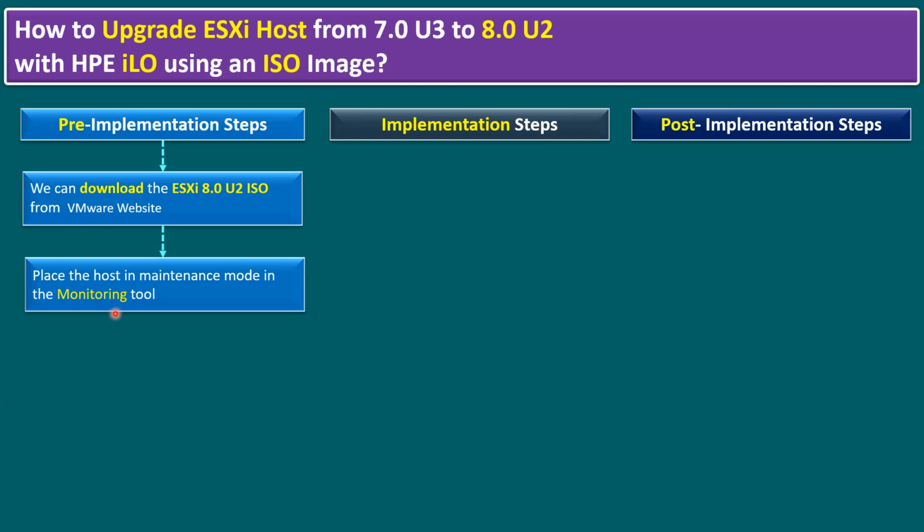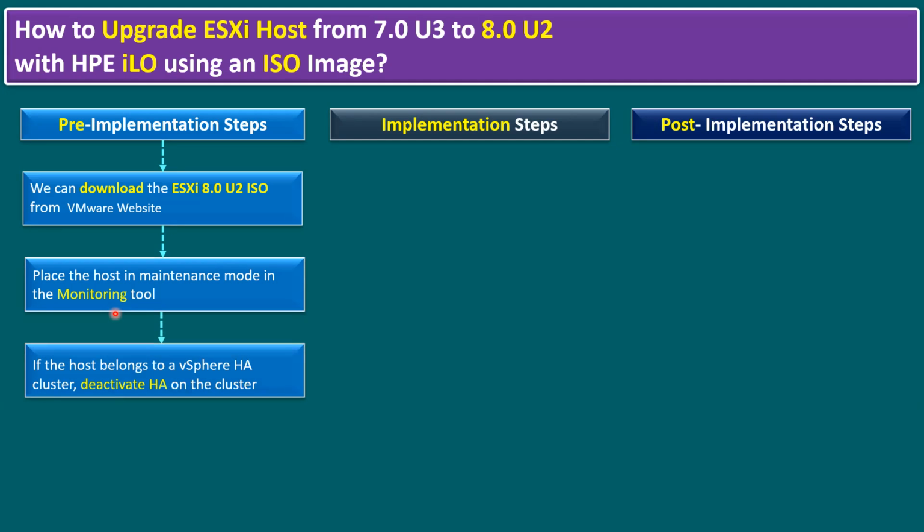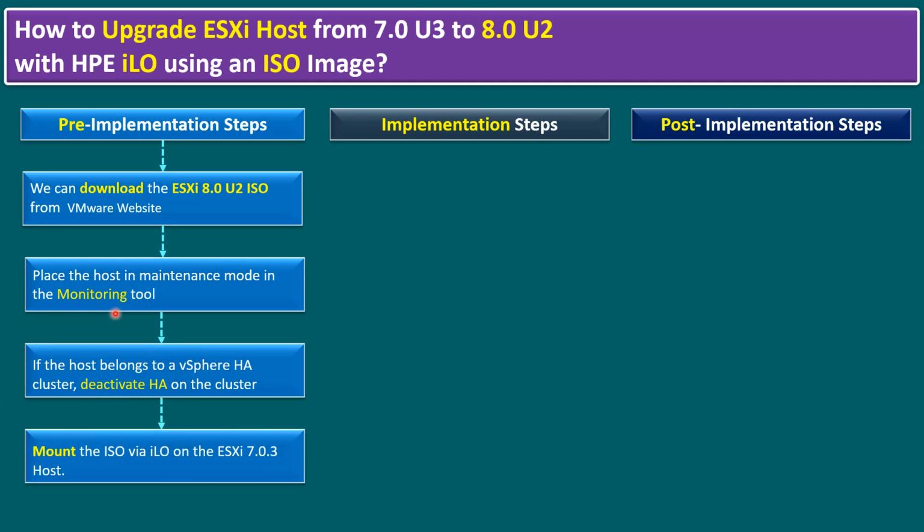To avoid these alerts, the host should be in maintenance mode in the monitoring tool. And if the host belongs to a vSphere high availability cluster, deactivate the HA cluster before upgrade. Another point: mount the ISO via iLO on the ESXi 7.0.3 host.